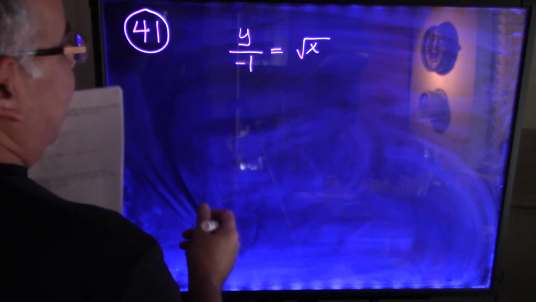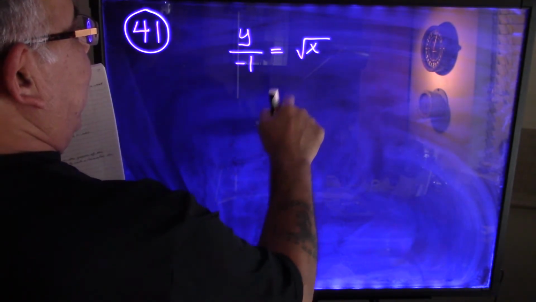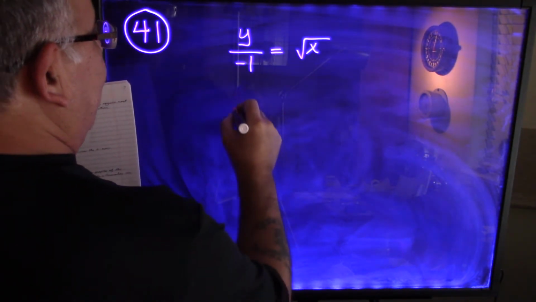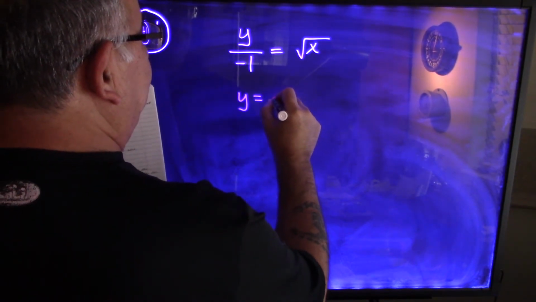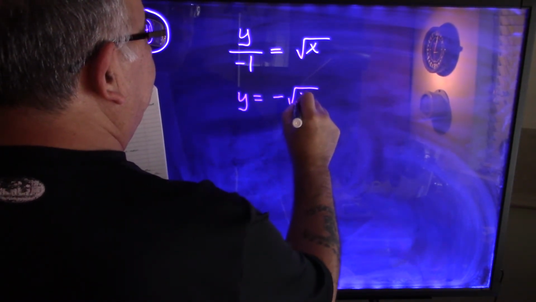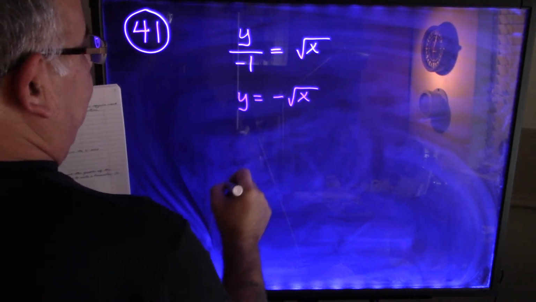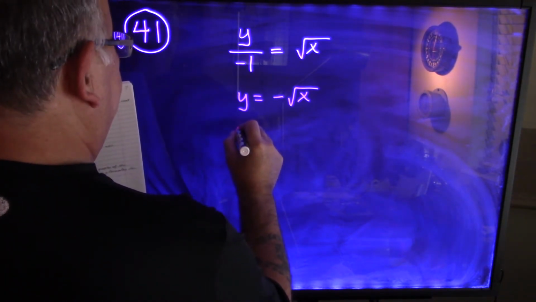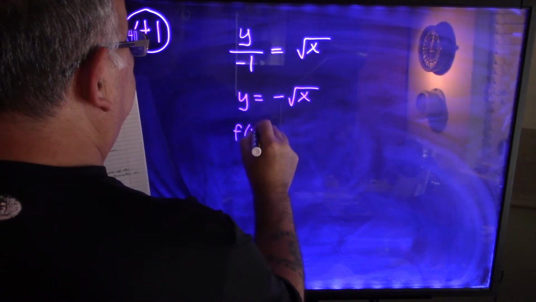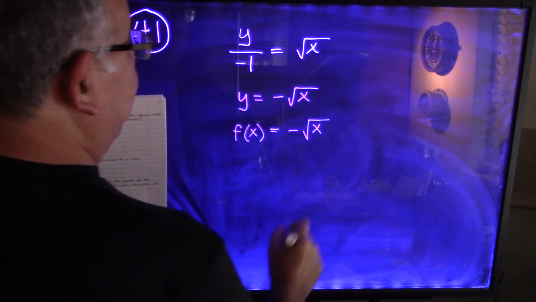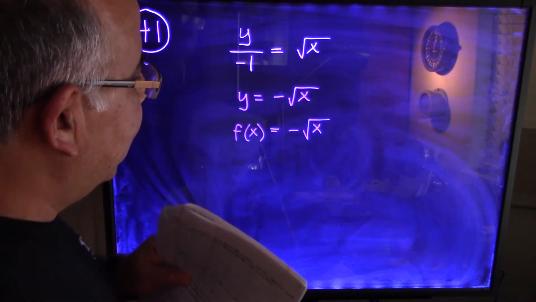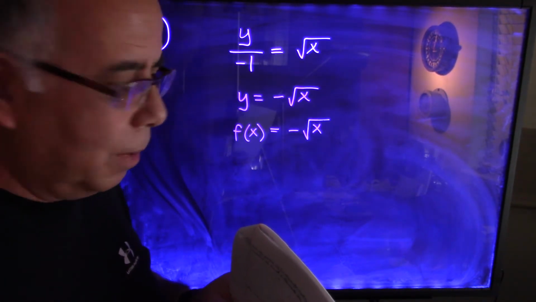So you can move the negative 1 to that side, multiply both sides by negative 1, so you get y equals negative 1 square root of x, or just negative square root of x. Or write that as f of x equals negative square root of x. So this is basically a graph of the negative square root of x.